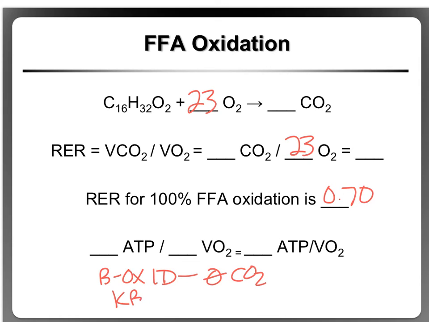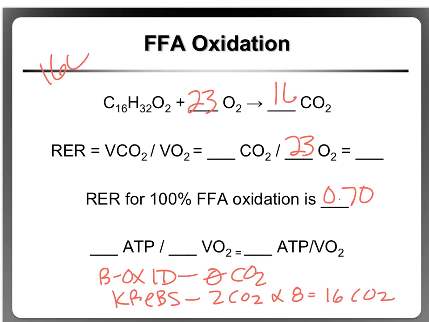In Krebs, you know that we produce 2 CO2s, but with a 16 carbon FFA, we go through Krebs 8 times. So we've got 16 CO2. So this will be 16. This will be 16. You do the math and you're going to get 0.70.